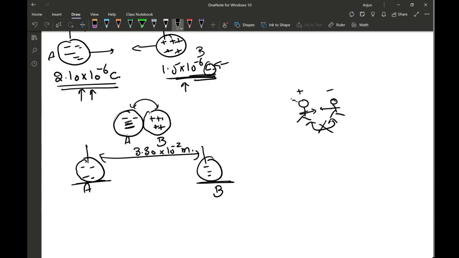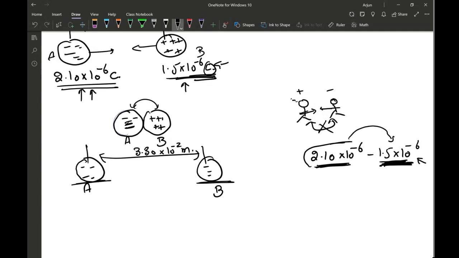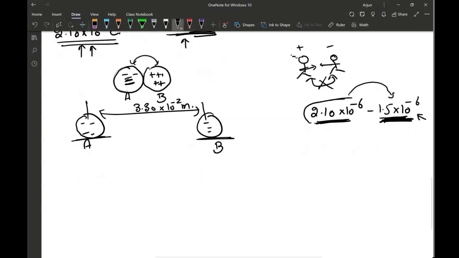So the remaining leftover will be 2.10 times 10 to the negative 6 minus 1.5 times 10 to the negative 6, because they all will be killed by these, and this army will also suffer heavy losses. How much will the losses be? Same as the number of personnel in the other team. So the leftover will be 0.6 times 10 raised to power negative 6 coulomb.